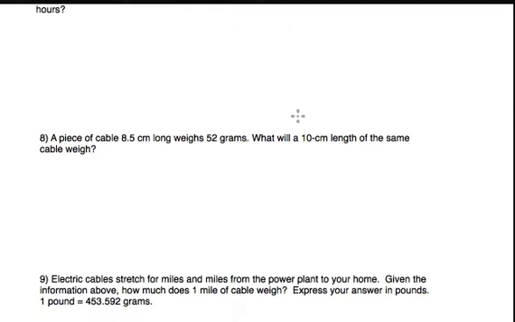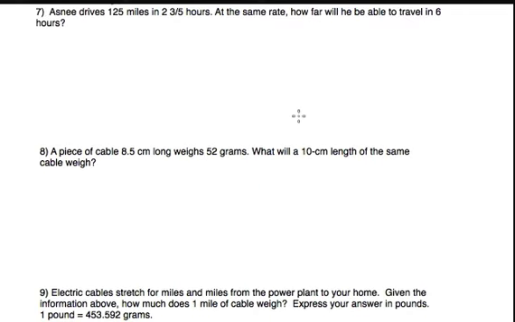Number 7. Ansi drives 125 miles in 2 3/5 hours. At the same rate, how far will he be able to drive in 6 hours? What are we comparing here? We're comparing miles, well, actually, distance to time. This is just speed. Distance over time. So Ansi drove 125 miles in 2 3/5 hours.